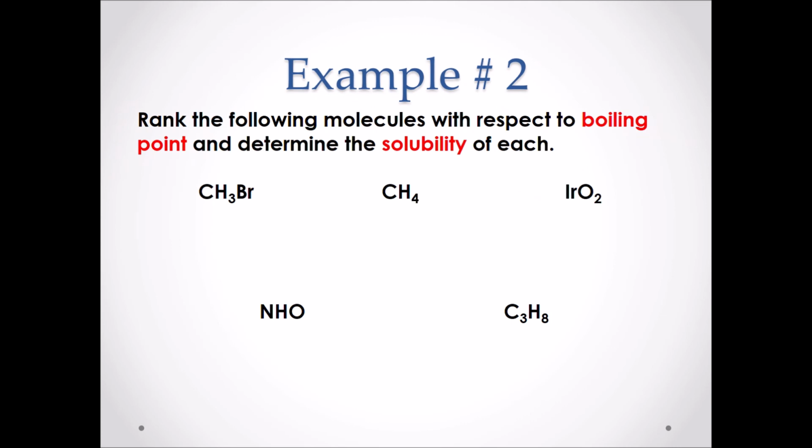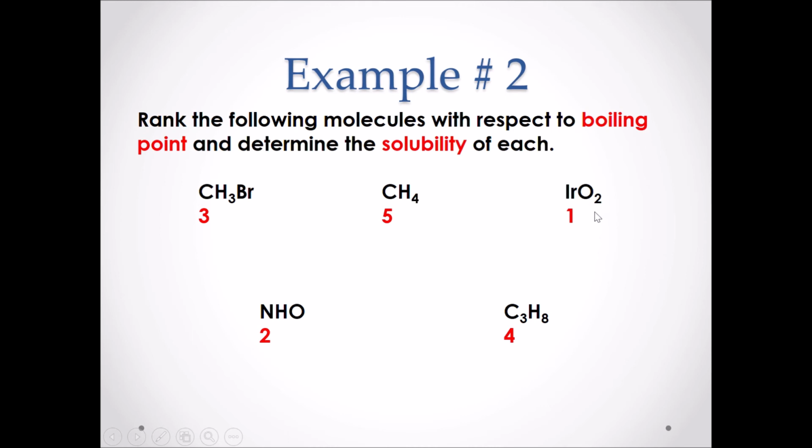Example number 2. Rank the following molecules with respect to boiling point and determine the solubility of each substance in water. Pause the video and attempt this example. Our order of boiling points is first, our highest boiling point is IrO2.